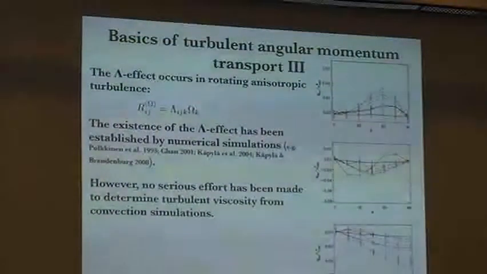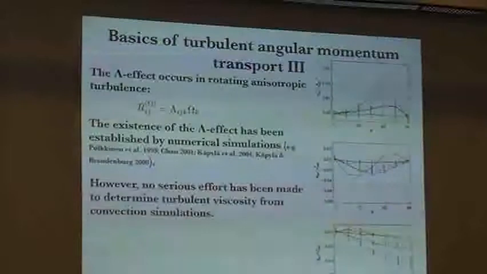So the thing here is that if you have this Cartesian box convection simulation, then you have your rotation vector, and if this is inclined with respect to your gravity vector, then you will get also large-scale velocities, which would give rise to the diffusive contributions of turbulent viscosity.